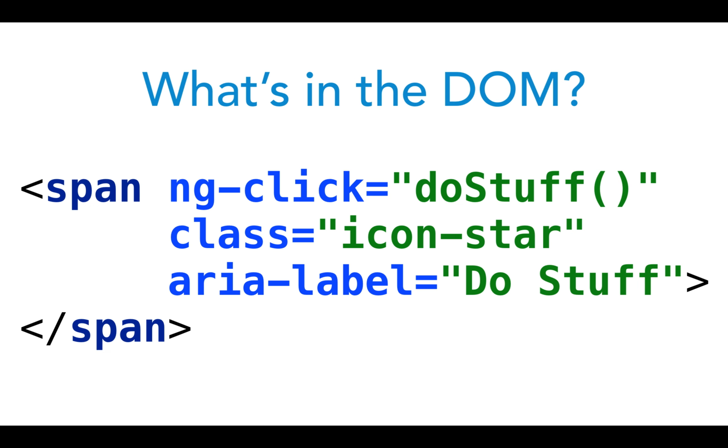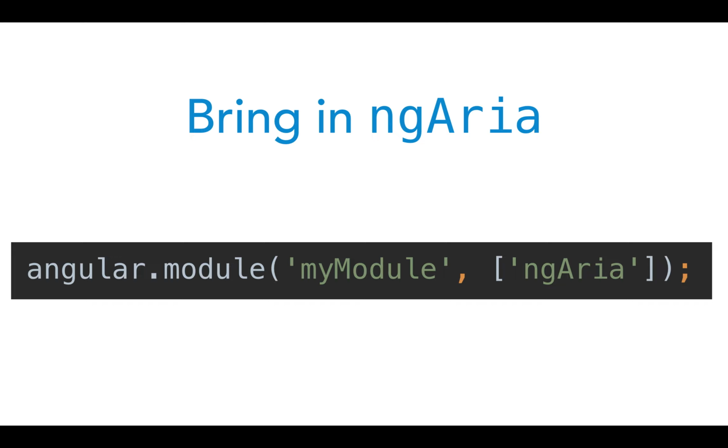So by default, without ngAria enabled, what appears in the DOM pretty much matches what was in the template. However, interesting things happen when we enable the ngAria module. And enabling it really is just as simple as making it a module dependency of our application, or of some module within our application. As soon as we do that, magic starts to happen.